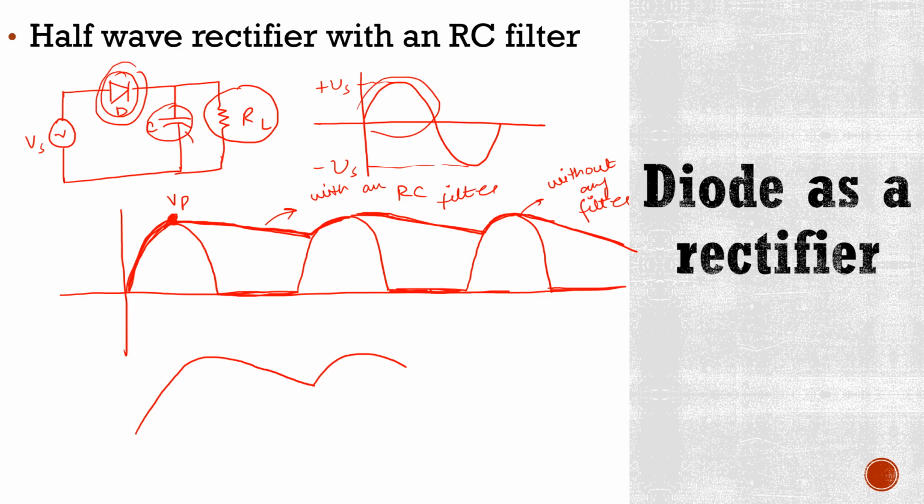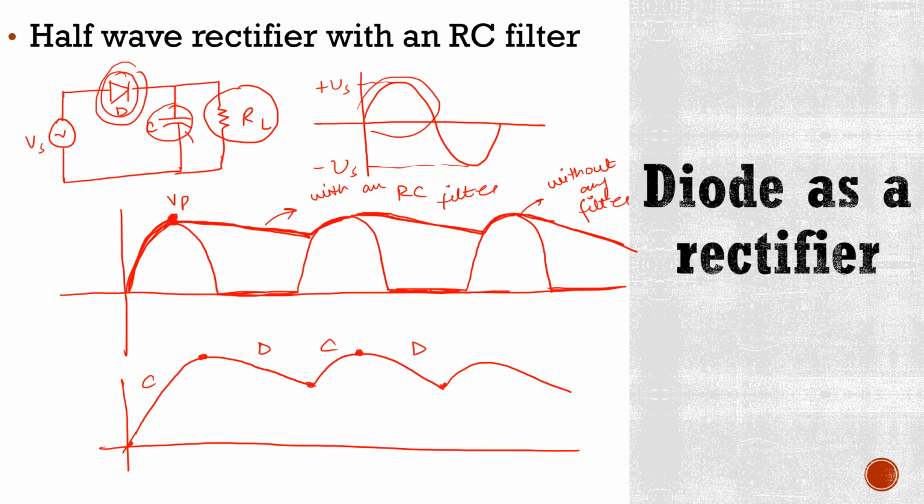So it means we are getting this kind of waveform due to charging and discharging of capacitor. It means this is charging and this region is showing discharging. Again, from this point to this point capacitor is charging, and from this point to this point it is discharging.